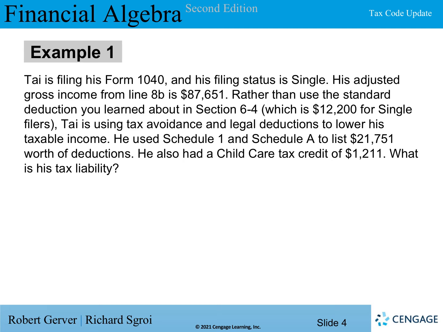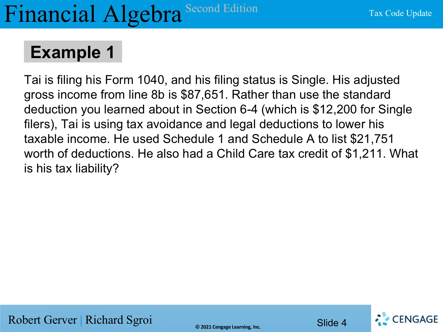Rather than use the standard deduction you learned about in section 6-4, which is $12,200 for single filers, Ty is using tax avoidance and legal deductions to lower his taxable income. He uses Schedule 1 and Schedule A to list $21,751 worth of deductions. He also had a child care tax credit of $1,211.